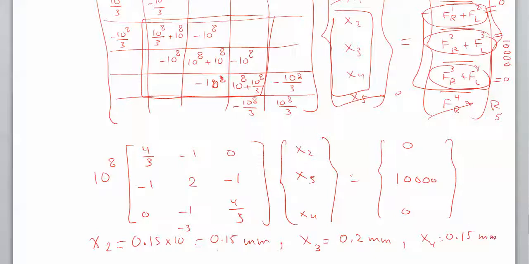If you want to find the reaction forces, you substitute in the first row that we ignored and the last row that we ignored, and you're going to get your forces. Needless to say, you're going to get R1 equal to minus 5,000 Newton, and R2 is also minus 5,000 Newton.